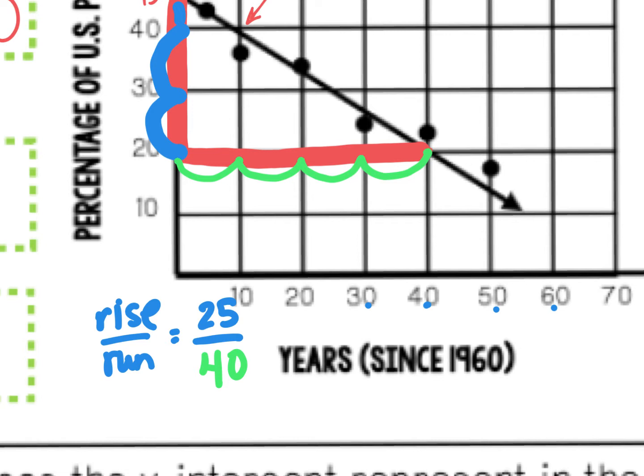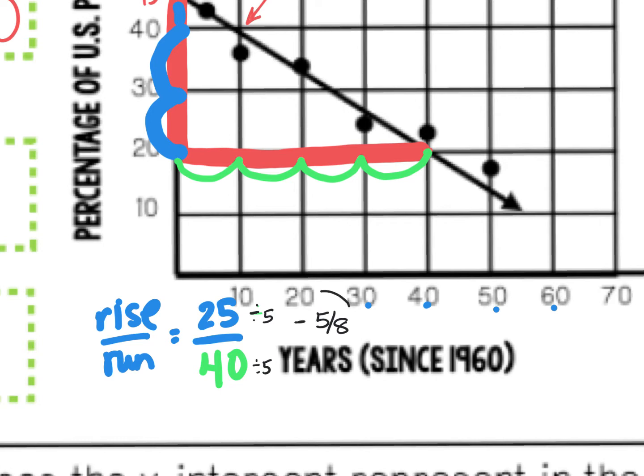But we still have to simplify. If I divide both numerator and denominator by 5, I can simplify this to 5/8. But one more thing. Do you see how the line is going down? That means the slope is negative.